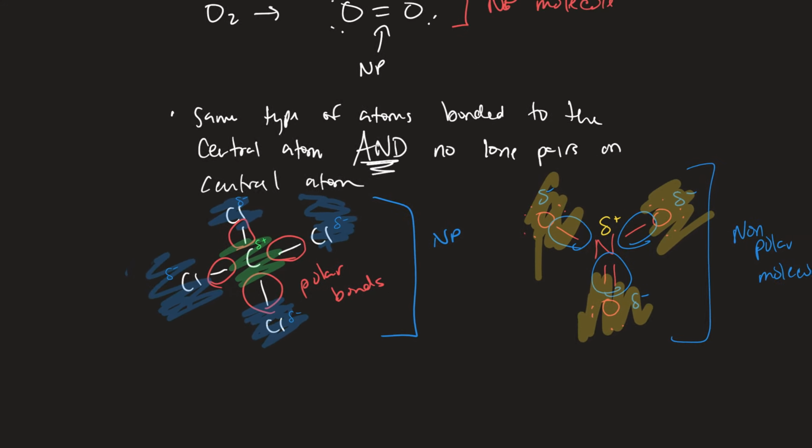Now, what about polar molecules? What characteristics do we need to look for that will help us determine if something's a polar molecule? Well, you just think about the exact opposite of what we saw here, right?